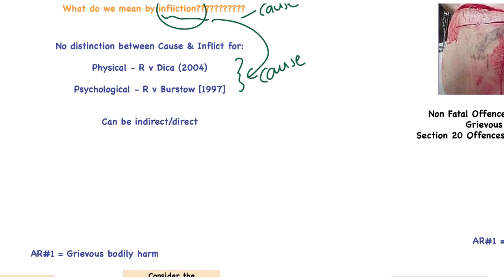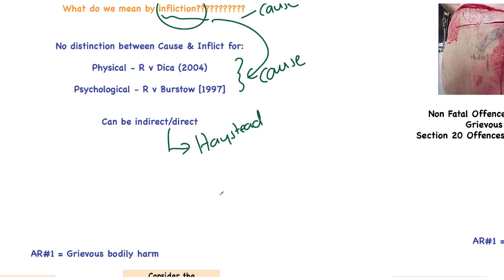And furthermore, the injury inflicted can either be direct or indirect. If you remember, I'm quite happy if you want to use Haystead, the baby dropping case, as a clear example of what we mean by direct or indirect infliction of injury. So I'm going to move on from that. It's relatively straightforward. Infliction means cause.